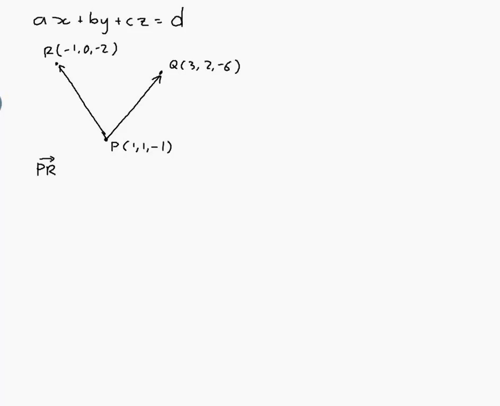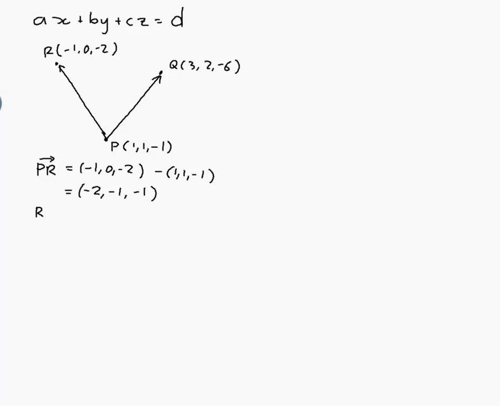PR would be R minus P. So we get minus 1 minus 1, which would be minus 2, 0 minus 1, which would be minus 1, minus 2 minus 1, which would be minus 2 plus 1, which is minus 1.